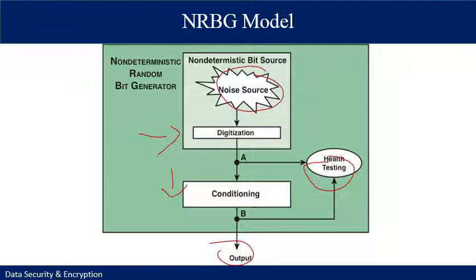So conditioning and health testing modules are combined to produce the output. Health testing is used to validate that the noise source is working as expected, and the conditioning module is used to produce the output with the desired characteristics.